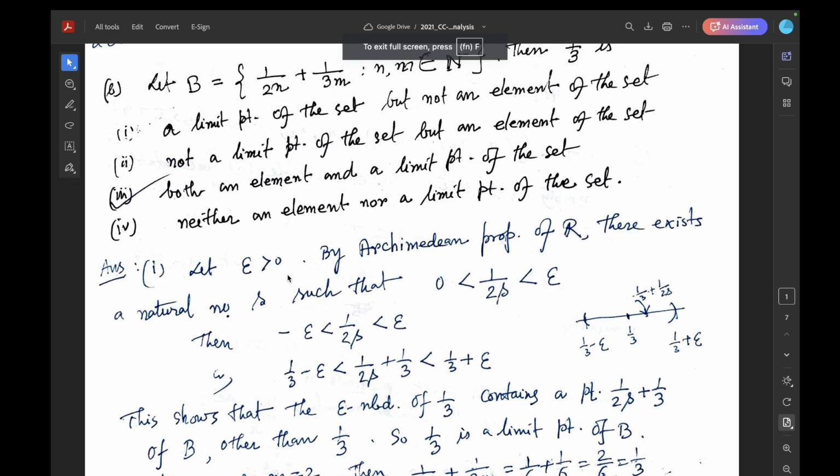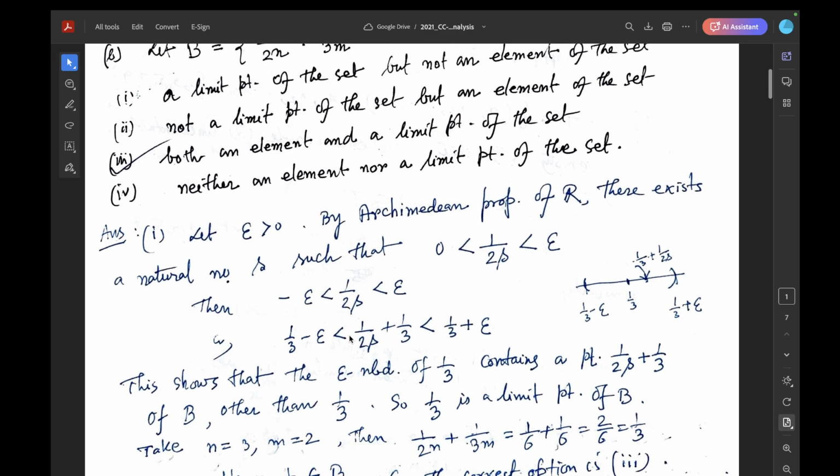Let epsilon be greater than 0. By the Archimedean property of real numbers R, there exists a natural number s such that 0 is less than 1/(2s), which is less than epsilon. Then minus epsilon is less than 1/(2s), which is less than epsilon. Adding 1/3 on all sides, 1/3 minus epsilon is less than 1/(2s) plus 1/3, which is less than 1/3 plus epsilon.